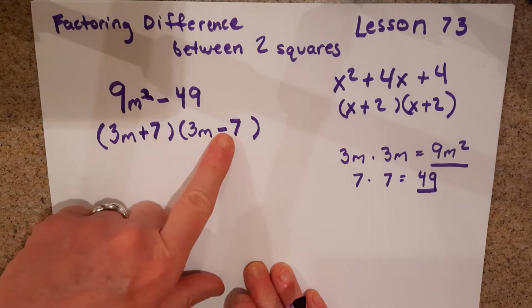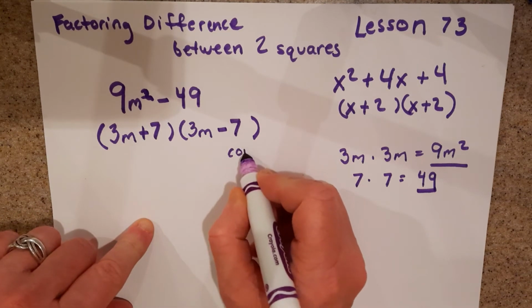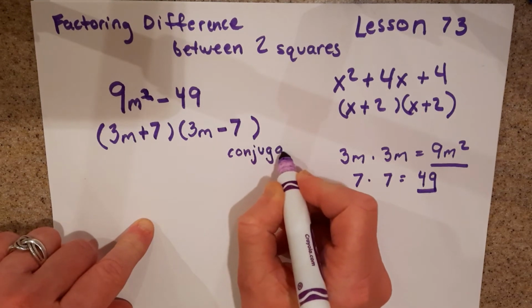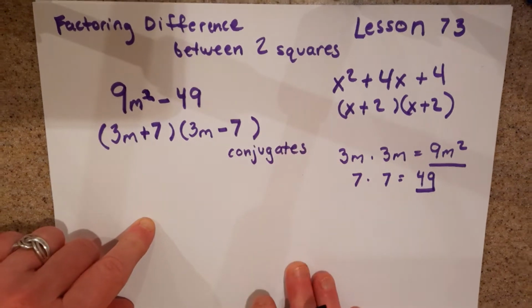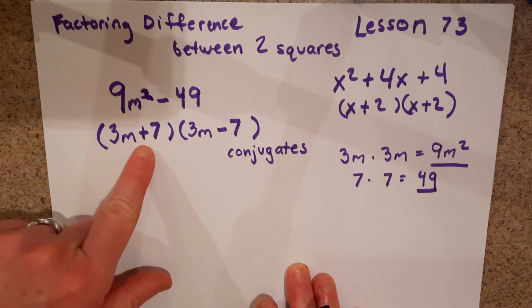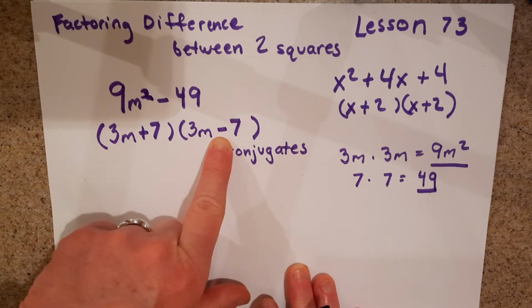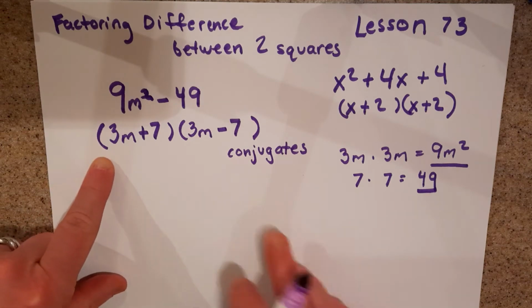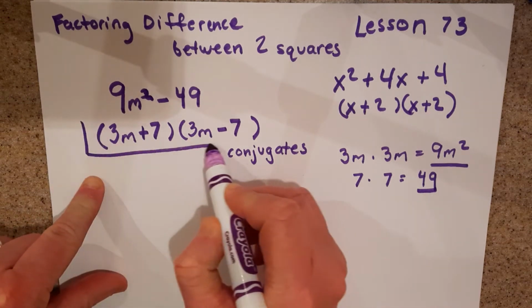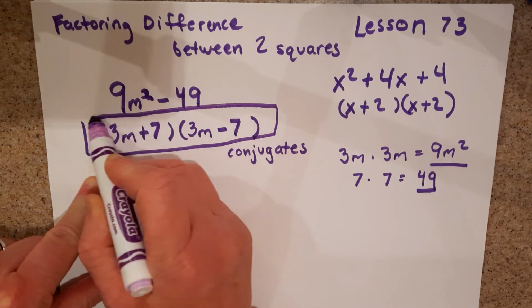These two terms are called conjugates. And what that means is that if you add them together, the conjugate of it is subtracting them from each other. So this would be your answer after you factor 9m squared minus 49.